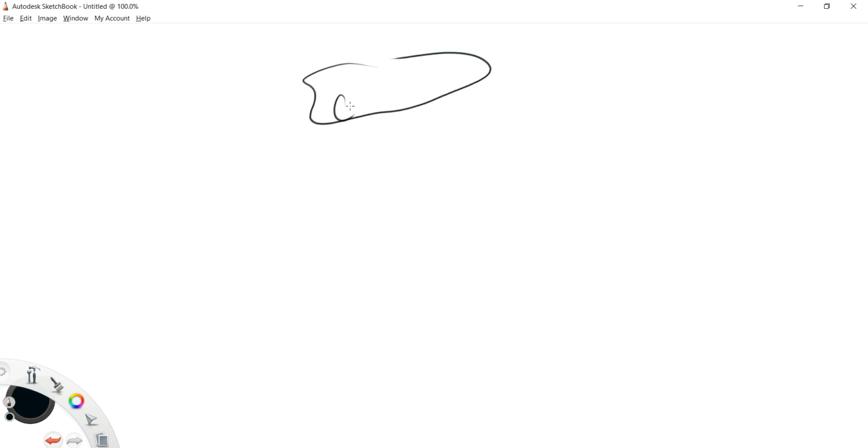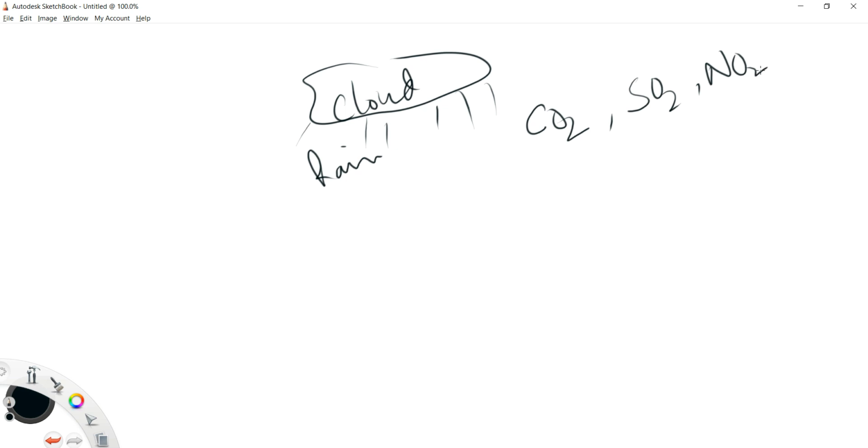This is your cloud. So this is your rain coming down, and this is your atmosphere. You have all these different gases here, right? CO2, sulfur dioxide, nitrogen dioxide, and these are all coming from these power plants, right?